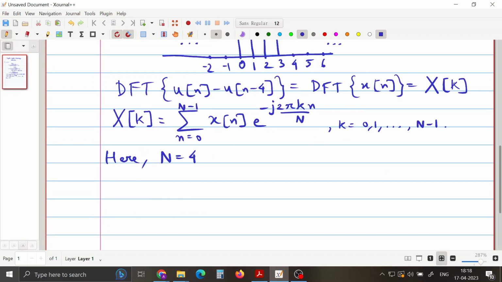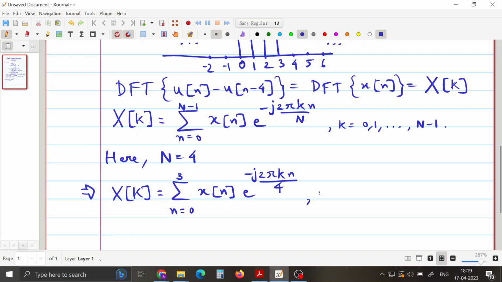So if you put cap N equals 4 in the above formula, you can further write it as small n running from 0 to cap N minus 1, which is 4 minus 1, so the upper limit is 3, and this is e power minus j 2 pi k small n by 4. Okay, and k is running from 0 to cap N minus 1, so 0 to 3 basically. So k is 0, 1, 2 up to 3.